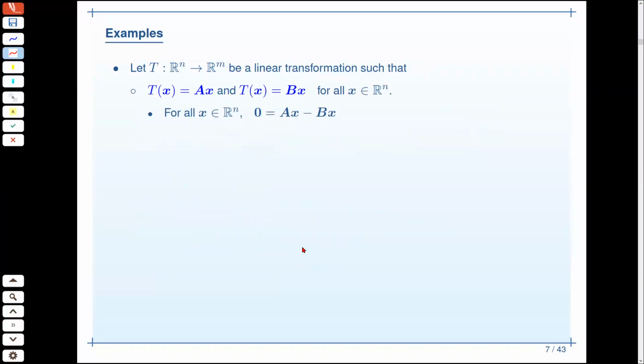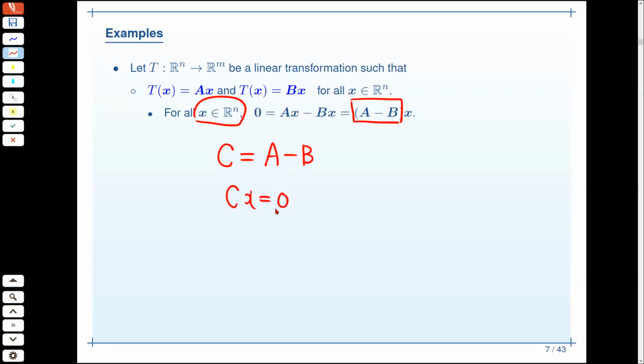And by distribution, this is (A minus B) times x. So no matter what x is, A minus B is a matrix. So maybe I say C equals A minus B. So Cx equals 0 for any x belonging to Rn.